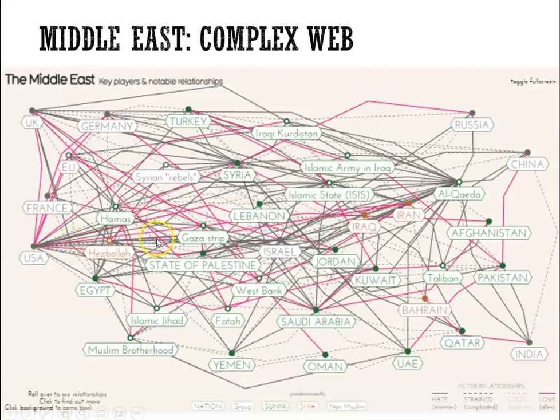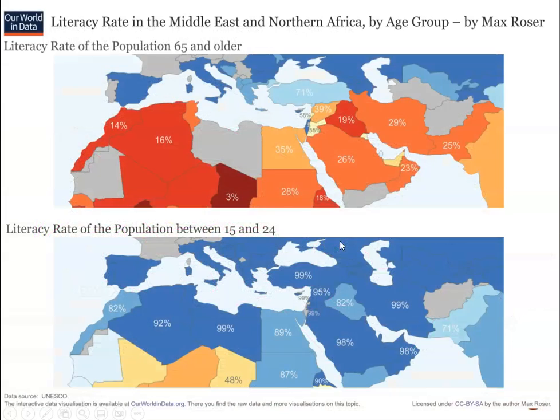Okay. Well, another thing to consider is the literacy rate in the Middle East. That is, how many people can read and write. Okay. This is changing. Of course, literacy rate is going up.